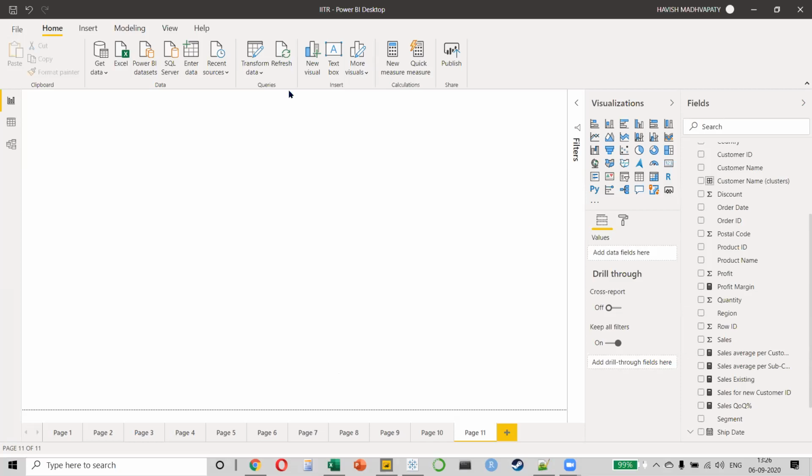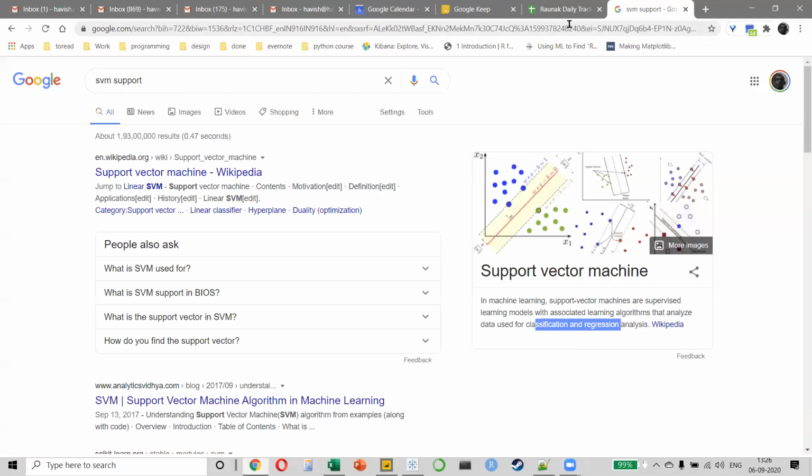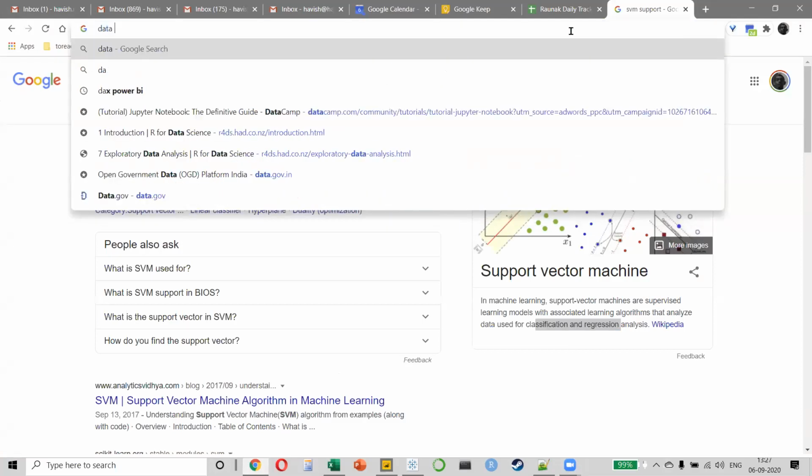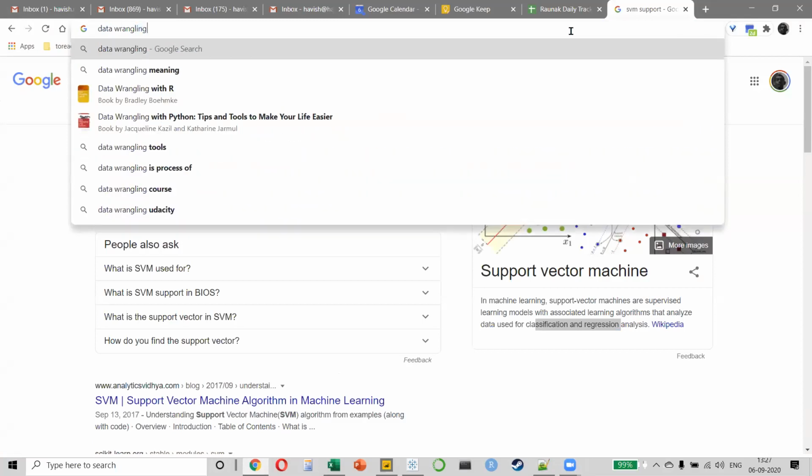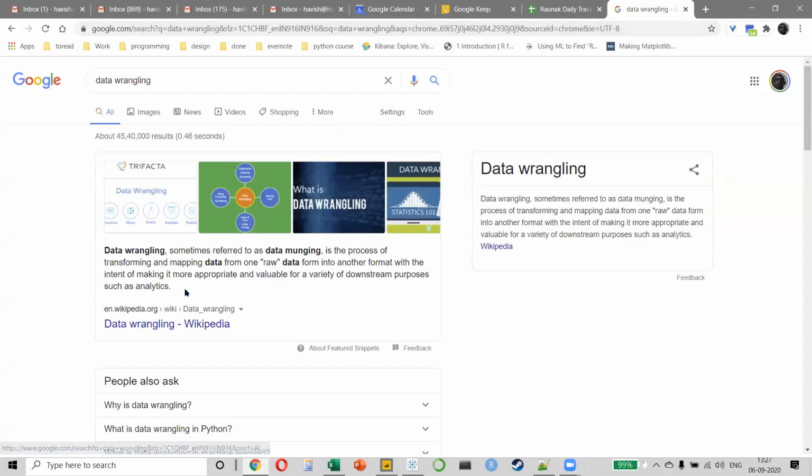But because we are working with sales data, where we're selling products, we want to find out Saturday versus Sunday. Now, this is the part where we focus on what we call data wrangling, right? I'm sure those of you who have been working on R or Python are aware of this term. Some of you might have heard of it. Some of you might not have heard of it, right? So data wrangling basically is just a common term that we use.